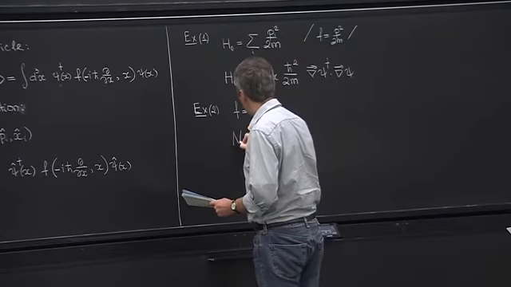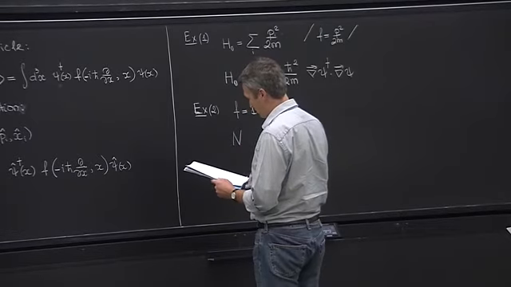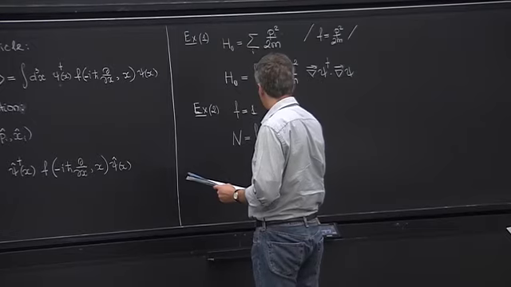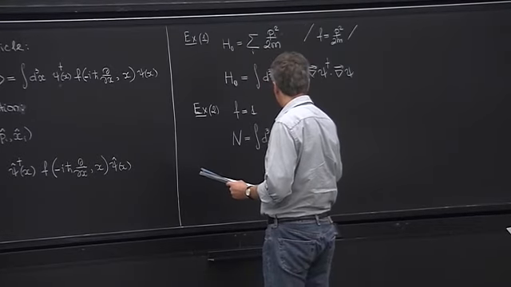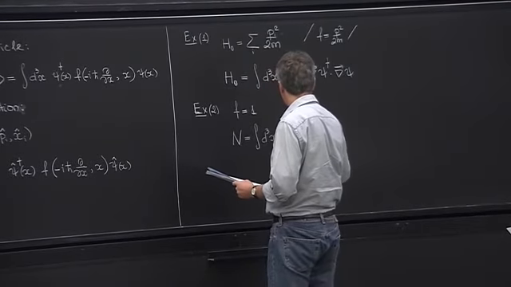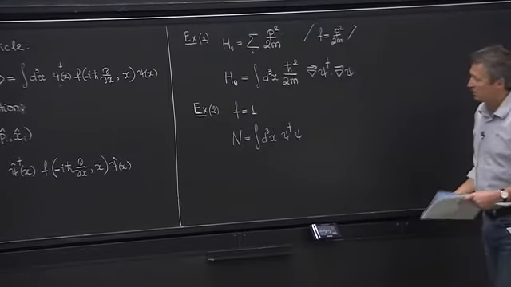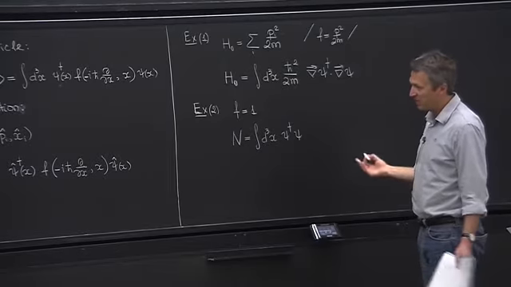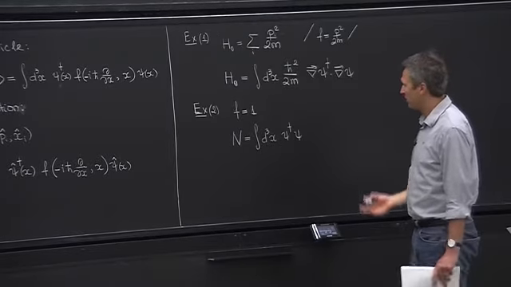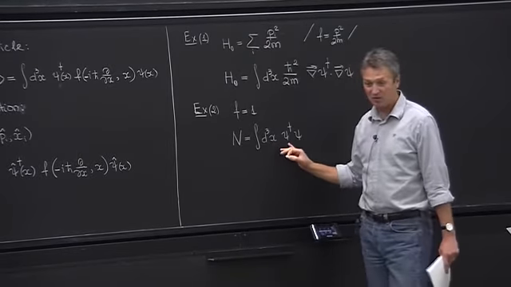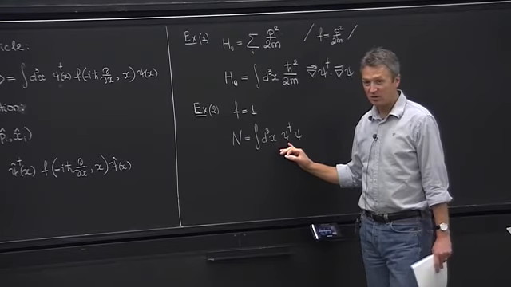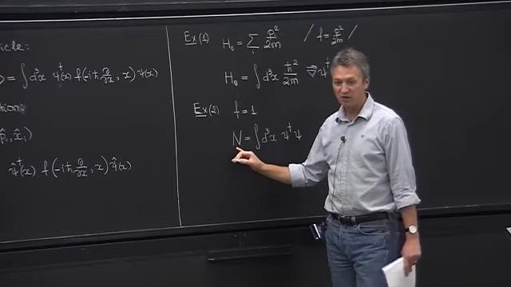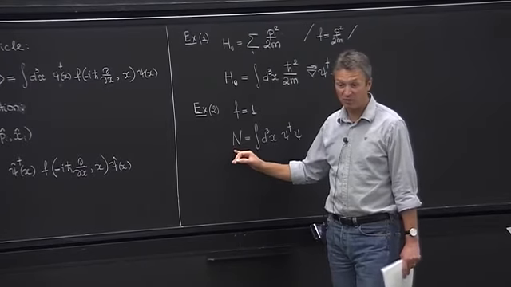The particle number is given by the integral over the whole space of psi dagger psi. First of all, the particle number was a number, and now on the right-hand side you have an operator. So in the second quantized framework, the particle number has become an operator.